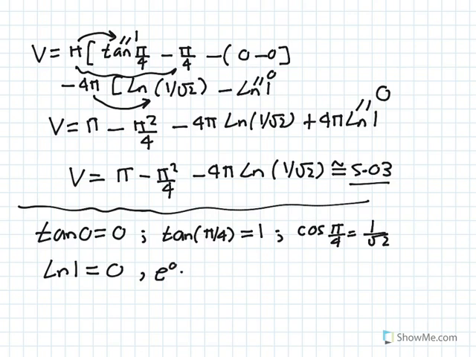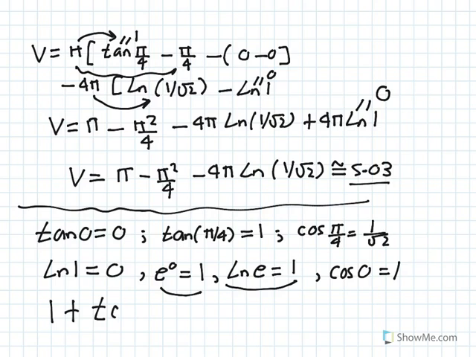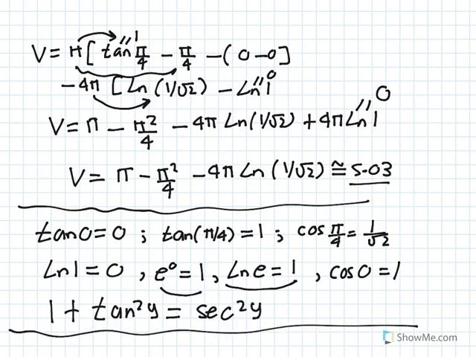E to the 0 is 1. Log of e is 1. We didn't apply log e equals 1 in this question, but it's just good to memorize that. And cos of 0 is equal to 1. Trig identity: 1 plus tan squared y is equal to secant squared y. All right, thanks.